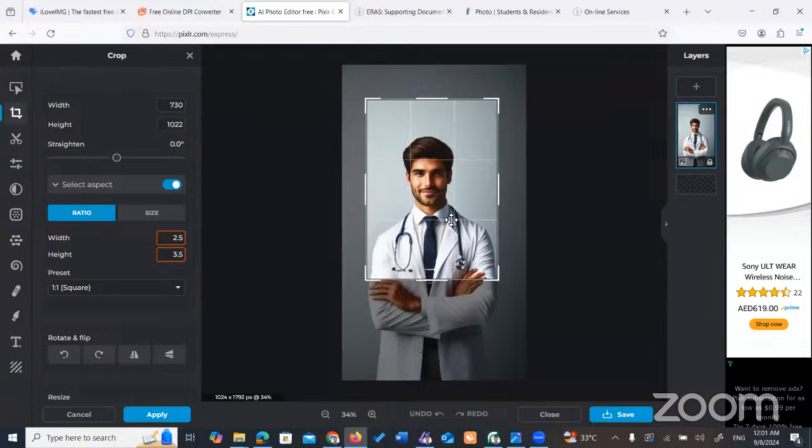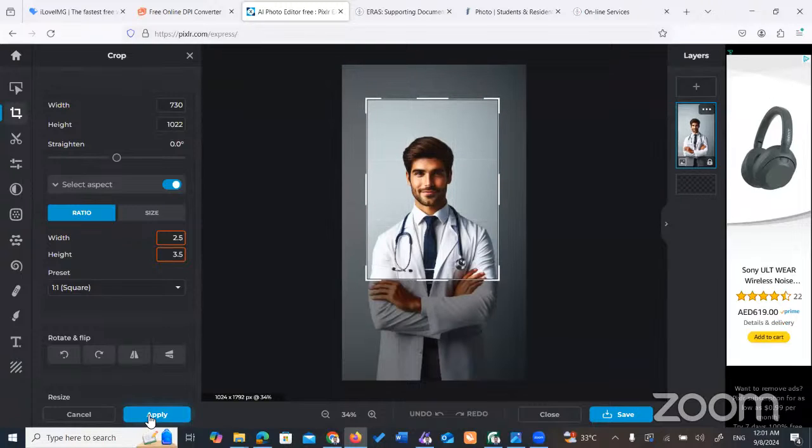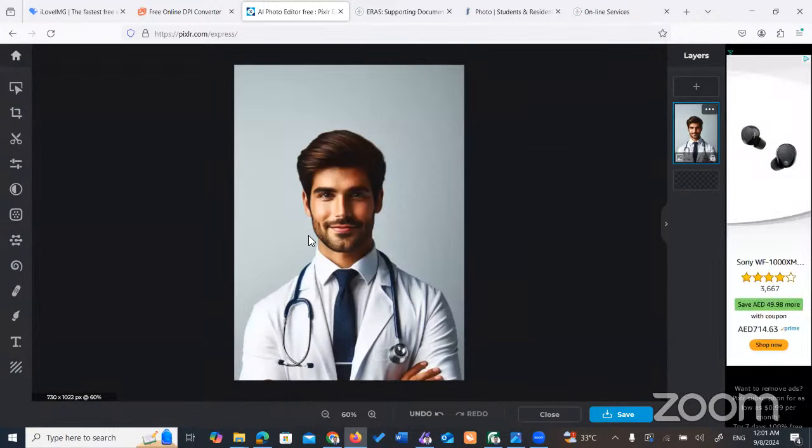So let's make it like this. And then let's apply. Whenever you manipulate the borders, it will not change the ratio. It will be the same, as I selected the aspect and froze this option. So don't worry about manipulating it. You just have to maintain the ratio within the same dimensions and the same proportion you want to keep. Then you click apply, and you will get the picture like this.